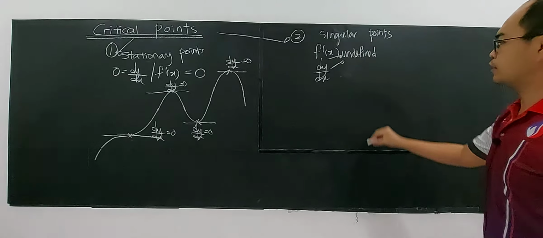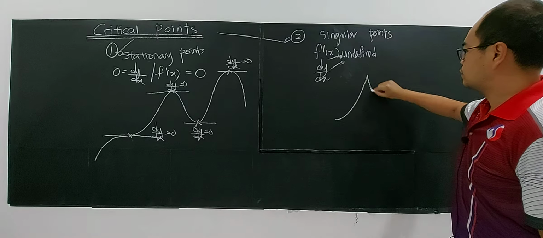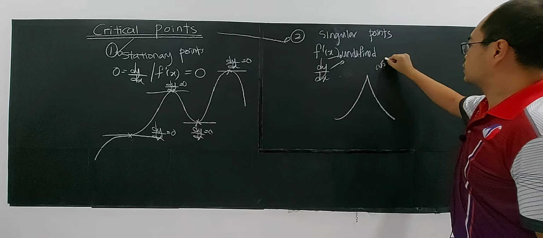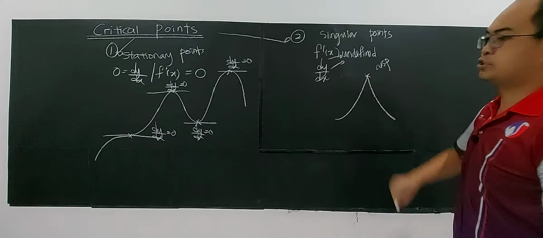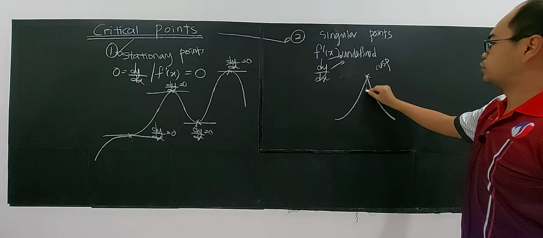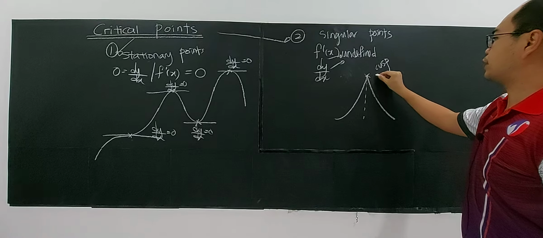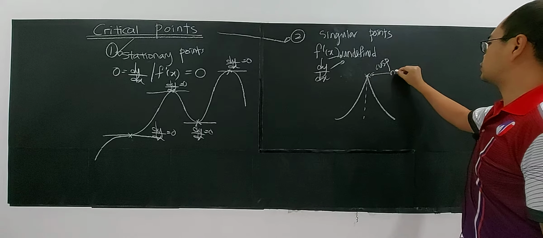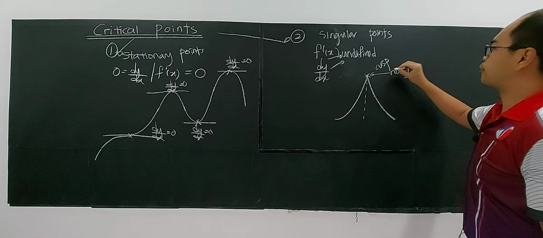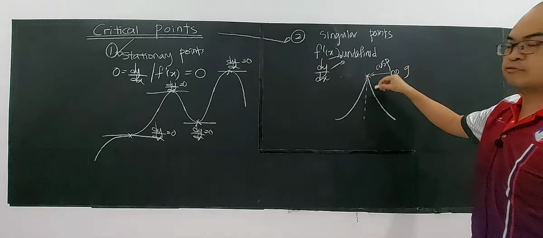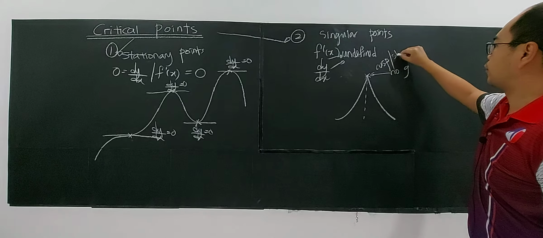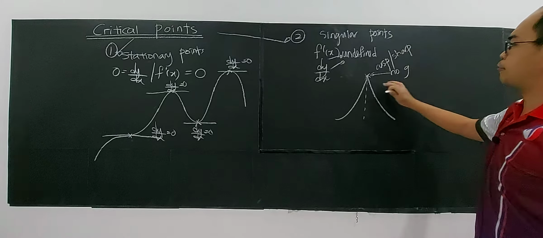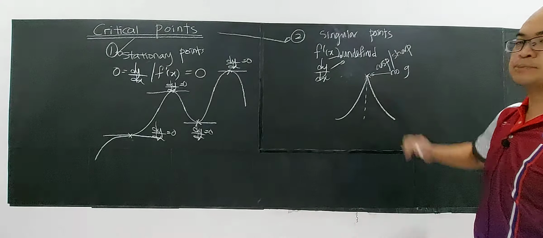So where the curve has a sharp point, there is no tangent, no gradient of tangent, or we say f prime x is undefined. It is not differentiable at this point.